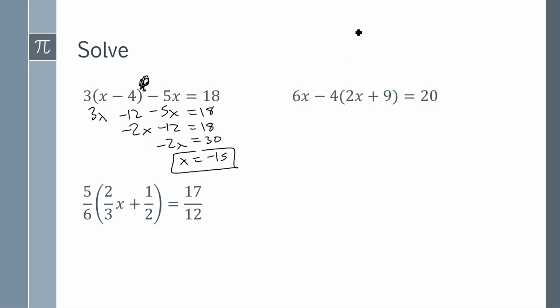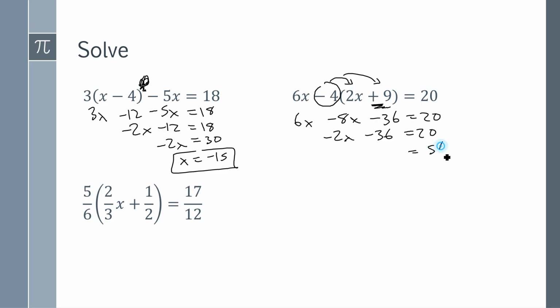So there's our answer. Now, when we distribute, we need to remember to carry the sign with the number. So I'm going to carry that negative right along. 6x, negative 8x, negative 36. You'd be surprised how many people forget when they distribute to get all the terms. Alright, 6 minus 2x is negative 2x, and copy down.